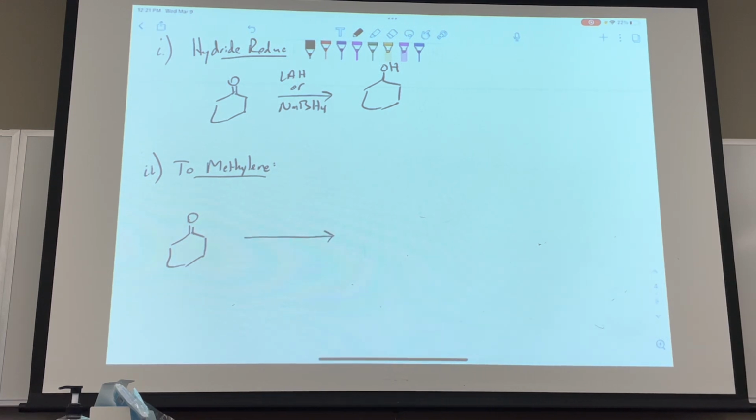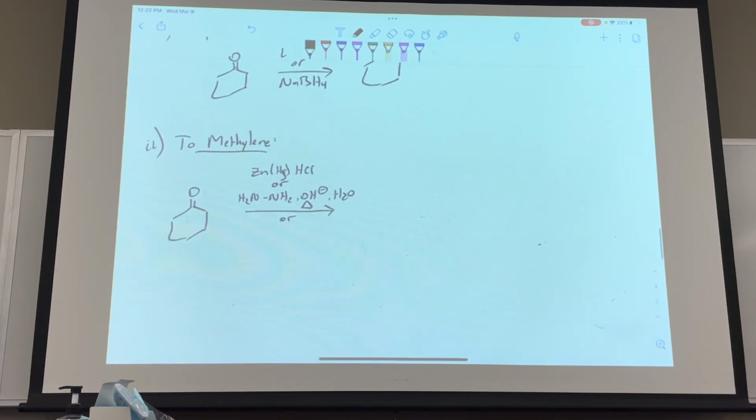So we talked about first doing the Clemmensen conditions. Or we could use Wolff-Kishner. Or we could make the thioacetal and hydrogenate it, those conditions of the Mozingo reduction.